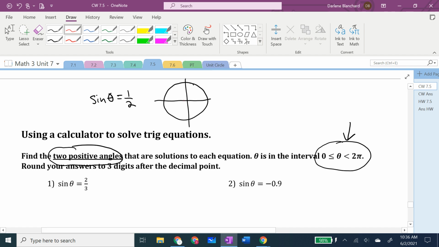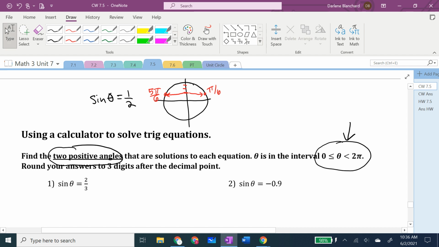We were using that when the y value is 1/2, that takes us to these two spots on the unit circle, and those are pi over 6 and 5 pi over 6, and you had your answers to solve that equation.